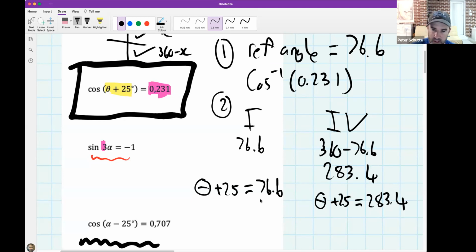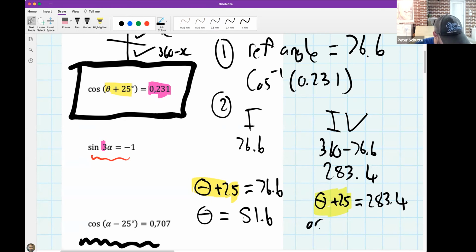Basically, I've got the theta plus 25, which is hanging out on both sides. And so in order to adjust the answer, all I need to do is take away 25 from both sides. So the answer is going to be 76.6 minus 25, which gives 51.6.